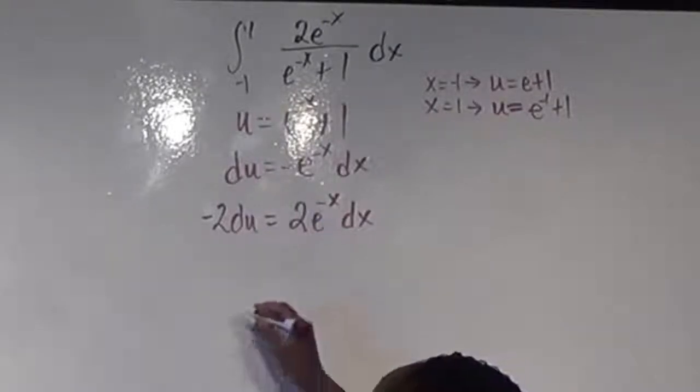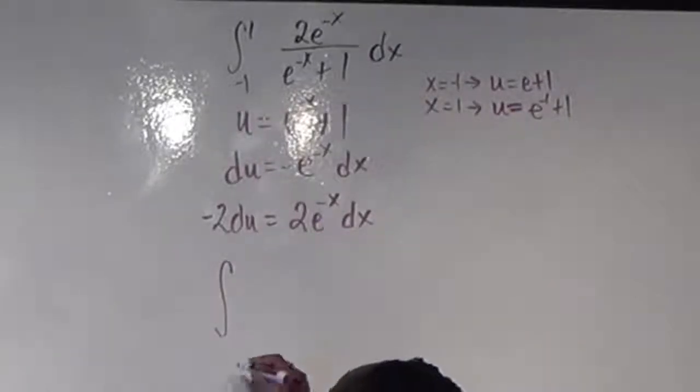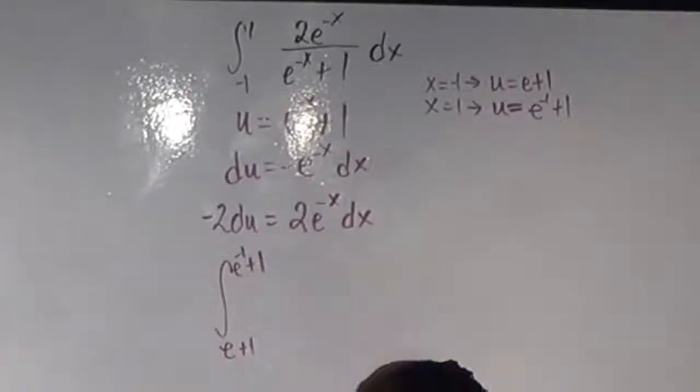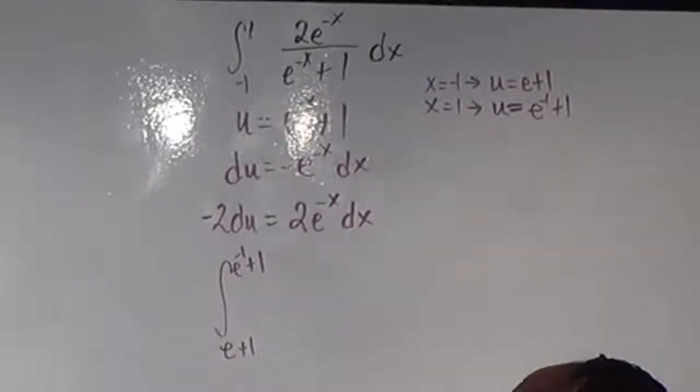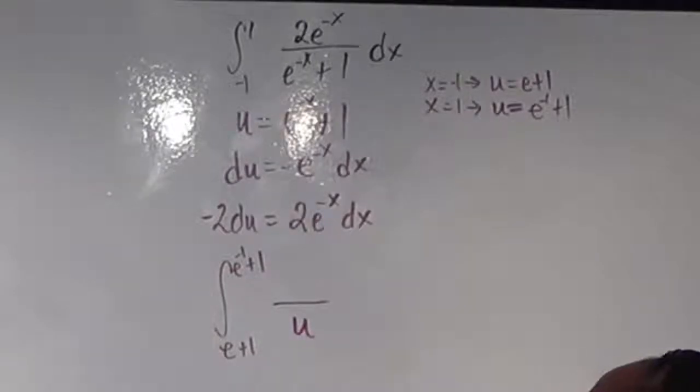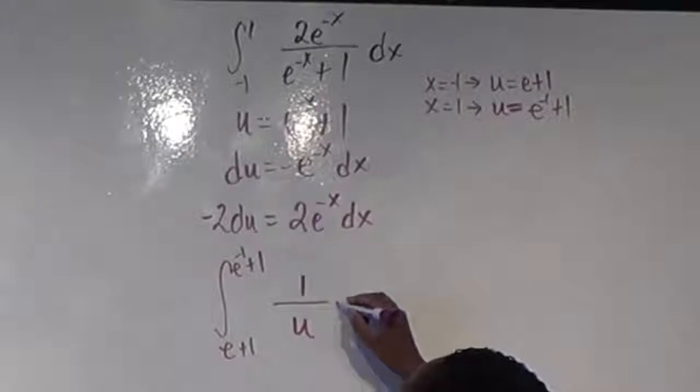So rewriting my integral, it's going to be e plus 1, e to the negative 1 plus 1. My e to the negative x plus 1 on the bottom is my u. The top 2e to the negative x dx is negative 2 du.